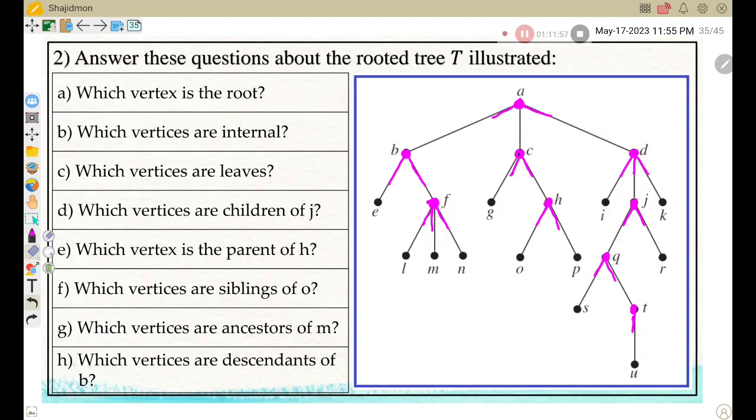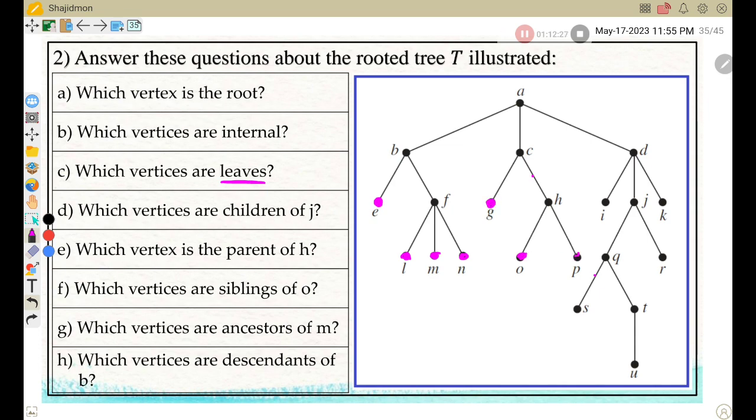Now we will go to the next one. The next question. Everything we can draw the graph there and study those ideas. Now C part, which vertices are leaves? Leaves means, what is the meaning? Any vertex with no children, that is a leaf. For example, E, it is a leaf, there is no children for E. L, M, N, there are no children.